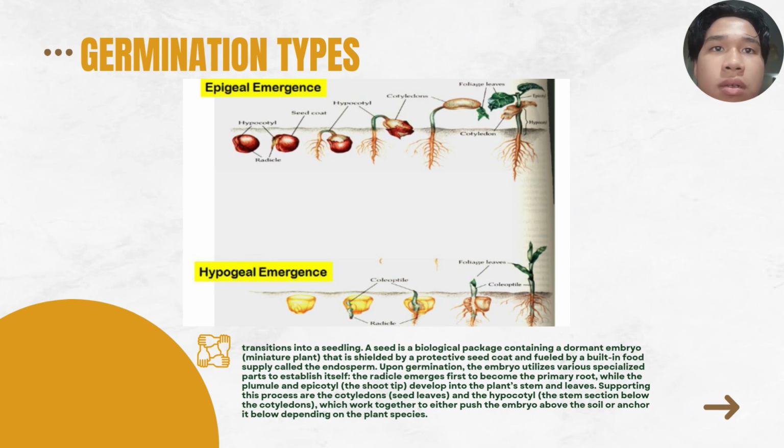The radicle emerges first to become the primary root, while the plumule and epicotyl develop into the plant stem and leaf. Supporting this process are the cotyledon and the hypocotyl, which work together to either push the embryo above the soil or keep it below, depending on the plant species.